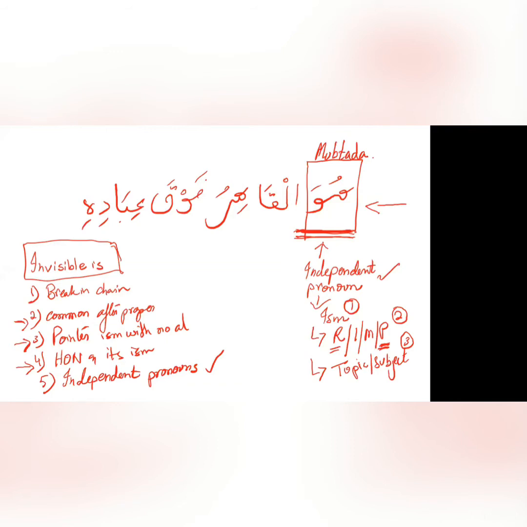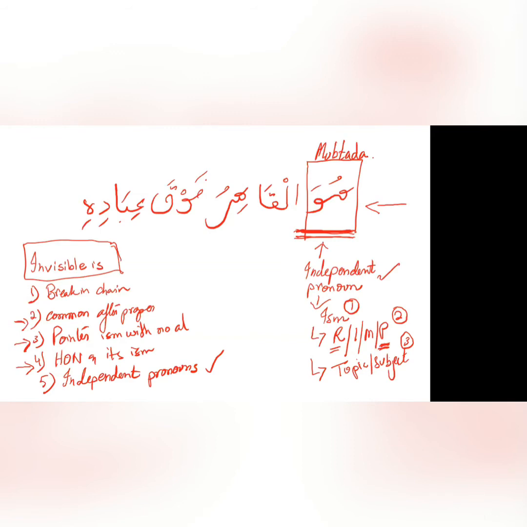Any more questions in this? Then it will be called muakhar, mubtada muakhar. Yes, it will be called mubtada muakhar, if it has a distance. Because why is a harf of nasab fragment called mubtada? You see, we say mubtada is the beginning ism, right?